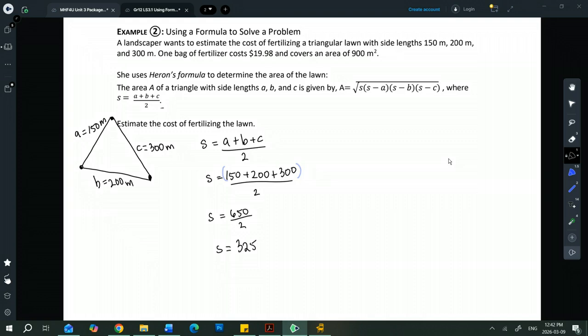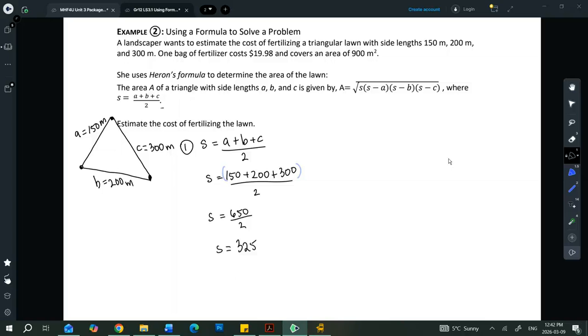Double check that. So that's our first calculation. Good. Okay. Next calculation, what would you do from there?